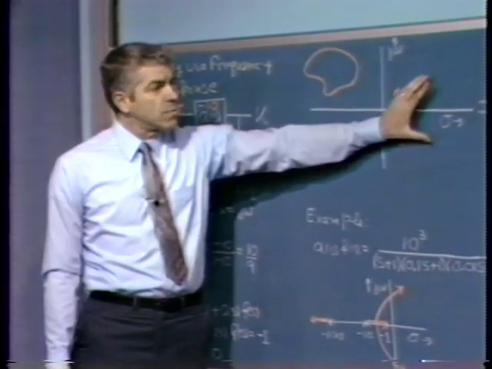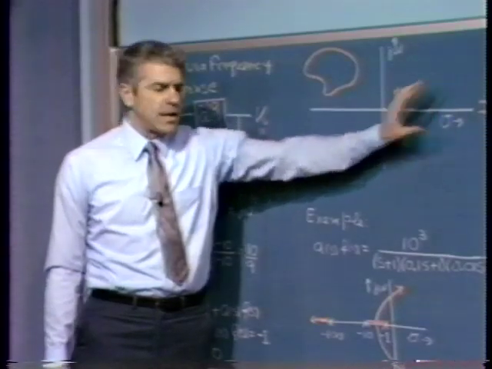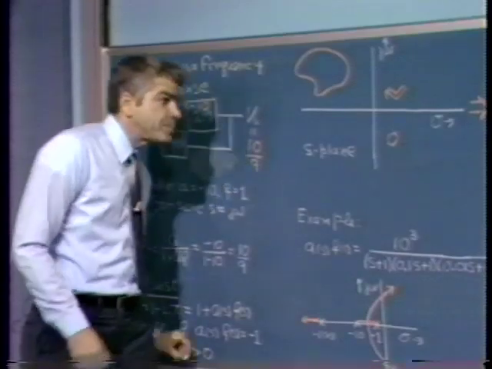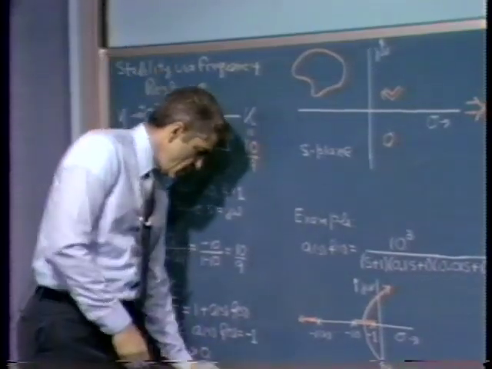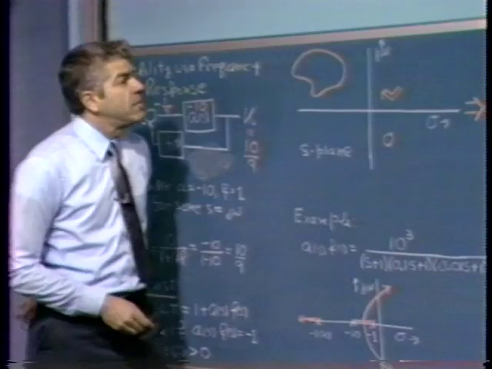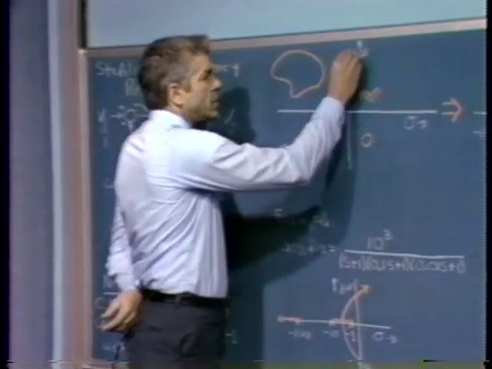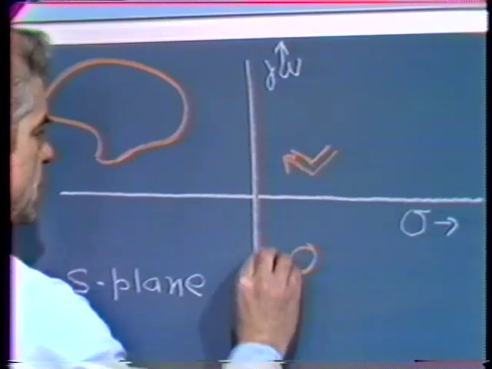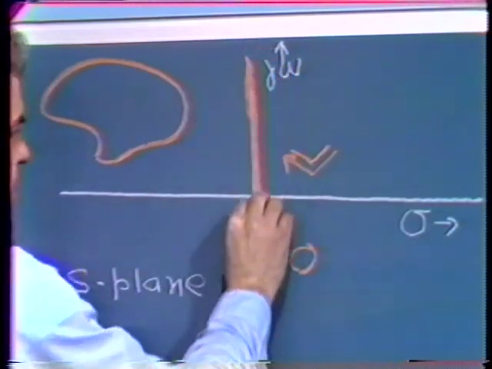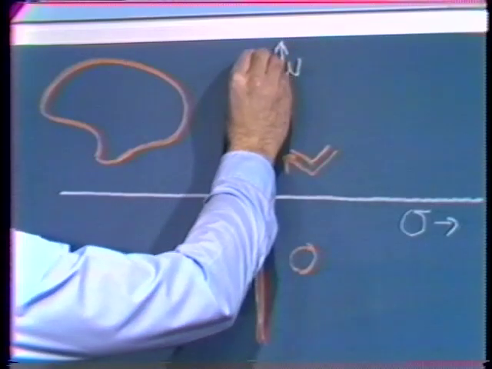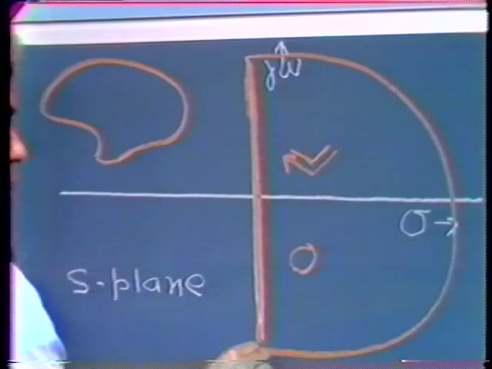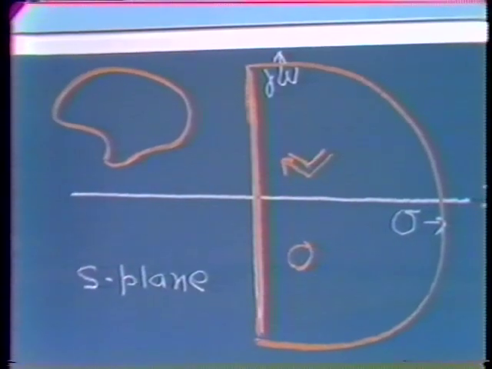All values of S with positive real parts, of course, lie in the right half of the S-plane. So we choose a contour in the S-plane that includes the values of S of interest. And the one that does that is one that includes the imaginary axis and then is eventually closed with a very large semicircle that includes the entire right half of the S-plane.